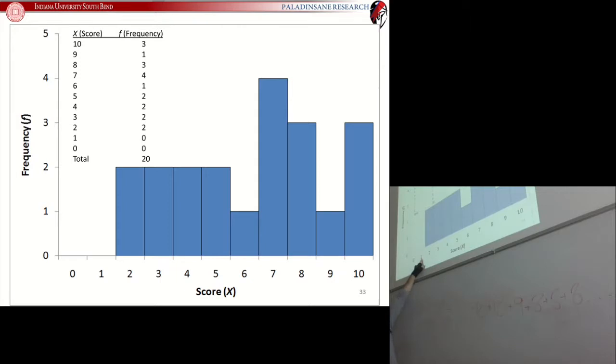There's no bar at 1 out of 10. But 2 individuals scored 2 out of 10, and the height of this bar indicates that 2 individuals scored 2 out of 10. So we have frequency on the y-axis, and possible scores on the x-axis, with the height of the bars indicating the frequency of each score.